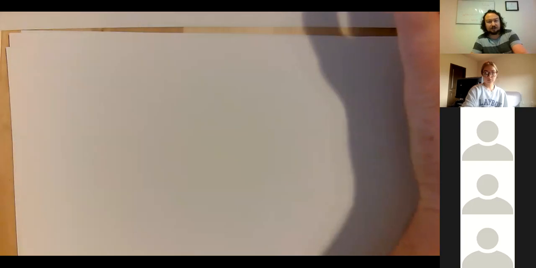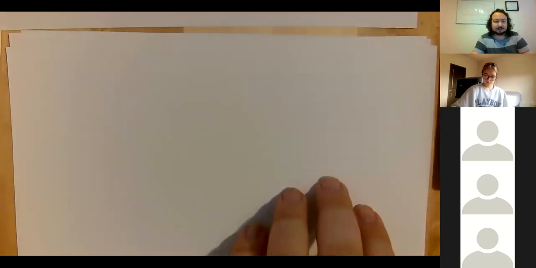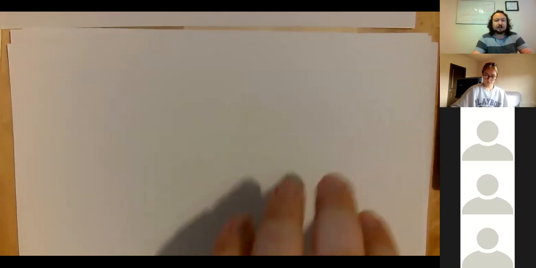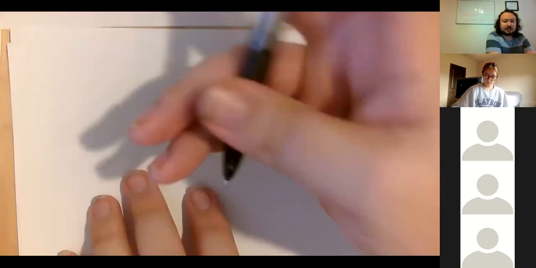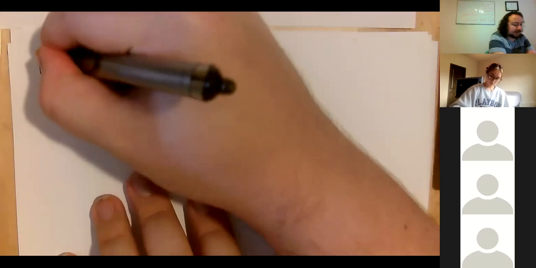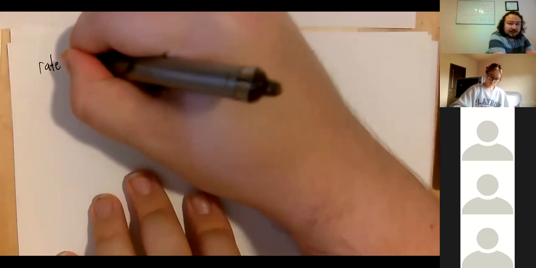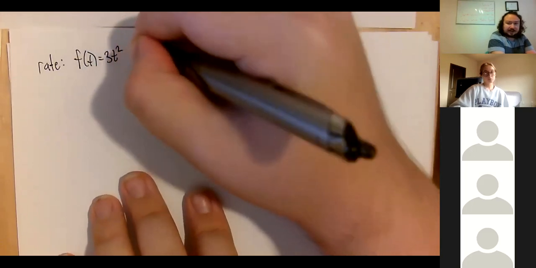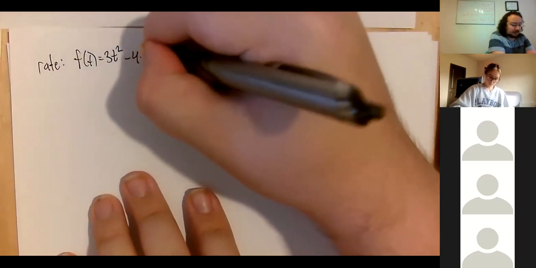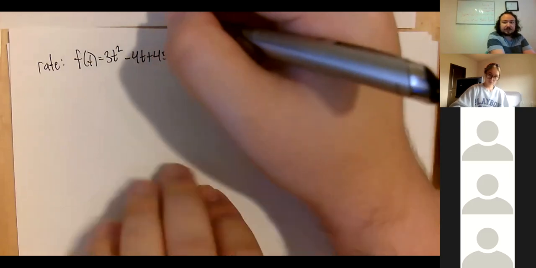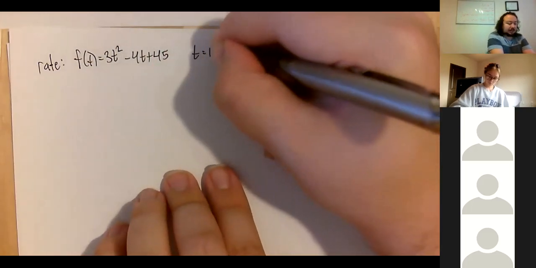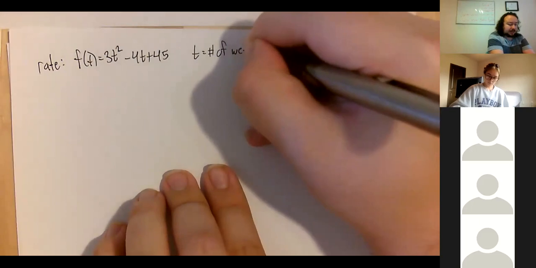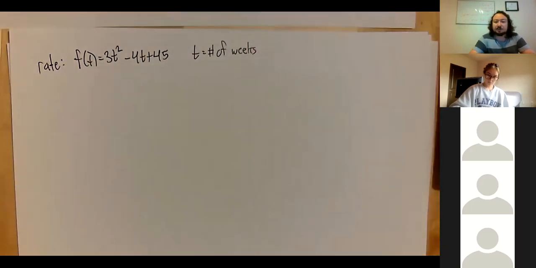So 14, scroll down to that. A company produces unicycles at a rate of f of t equals 3t squared minus 4t plus 45, where t is the number of weeks the company has been in operation.